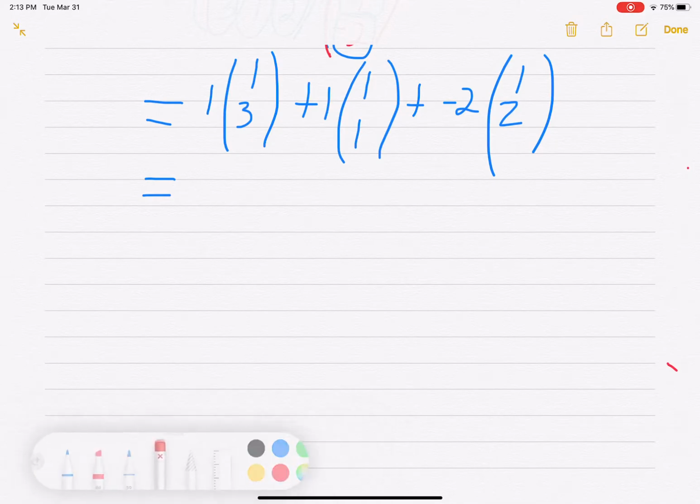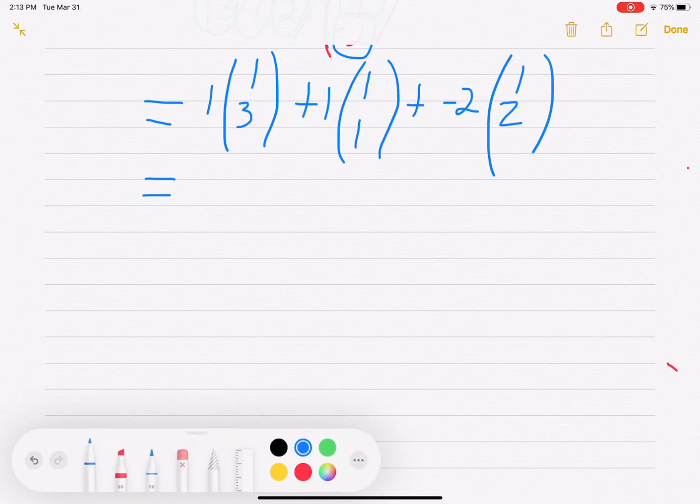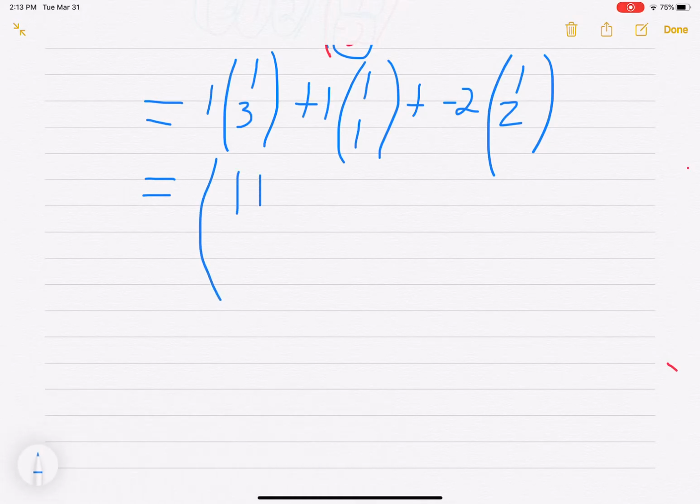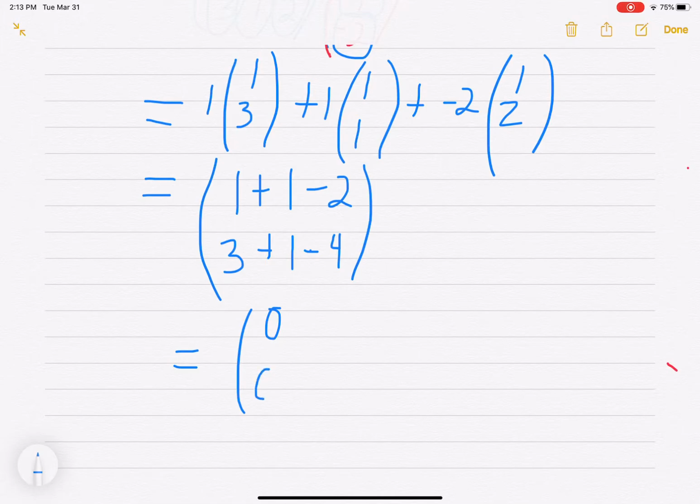All right, so it looks like I'm going to have 1 plus 1 minus 2 for the first entry, and for the second entry, 3 plus 1 minus 4. So that's going to give me 0 for the first entry, and the second entry is also 0.